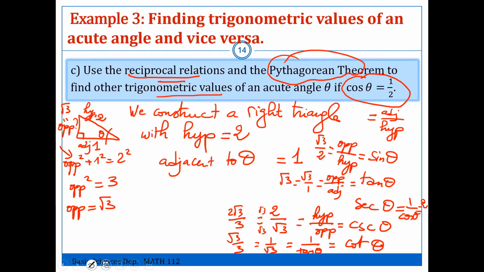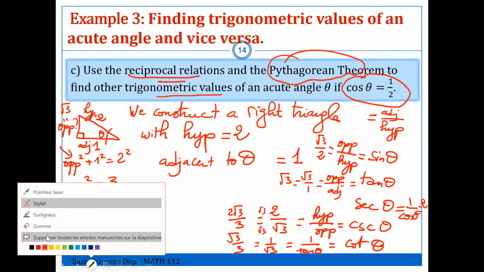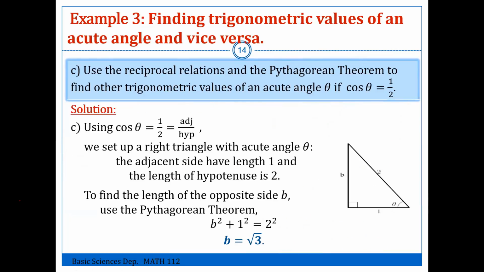Okay? So let me repeat it step by step. Cosine in a right triangle is adjacent over hypotenuse. It's not given, but we construct this triangle. One of the acute angles, I call it theta.